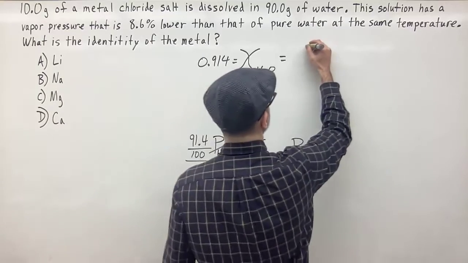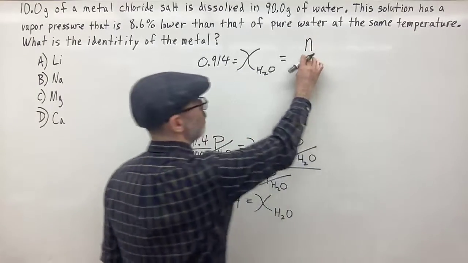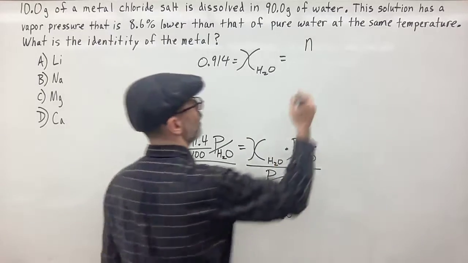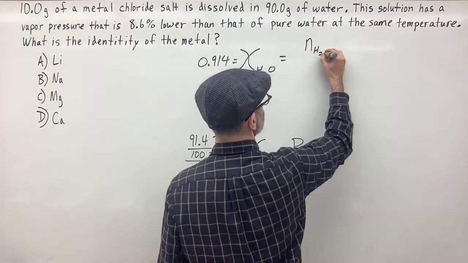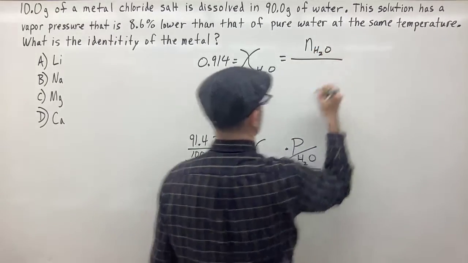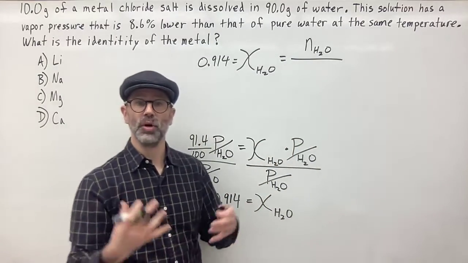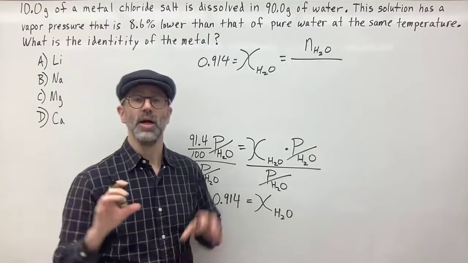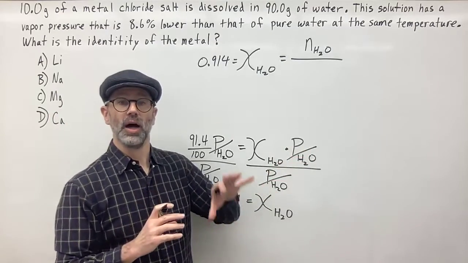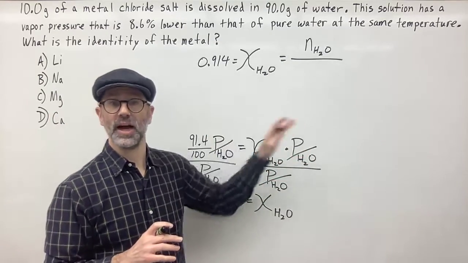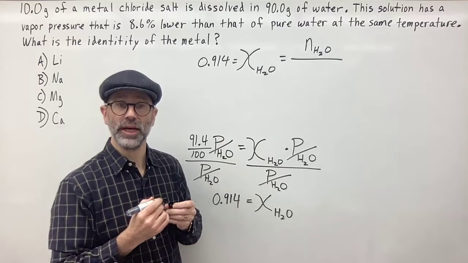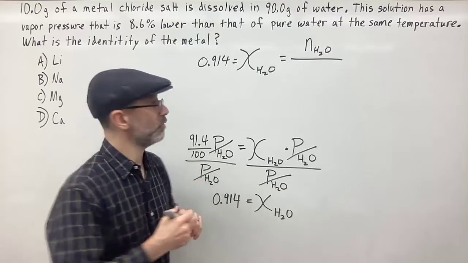So we're going to have N. N represents the number of moles. So here is going to be N of H2O over, and then what's the solution, right? The total number of moles is the moles of water plus the moles of the metal chloride that you put in the water, right?